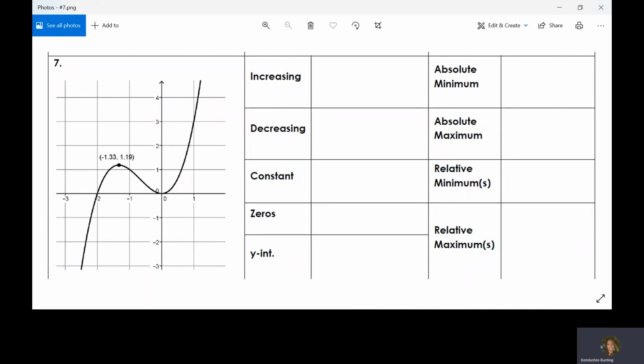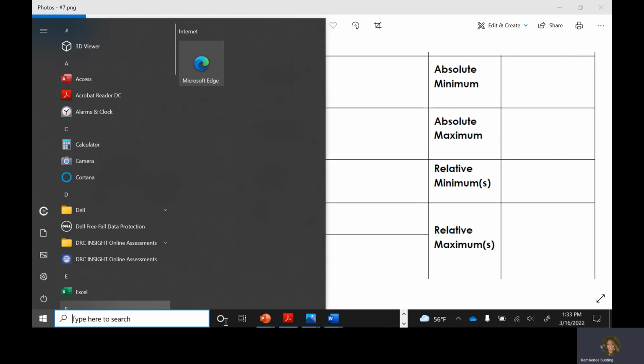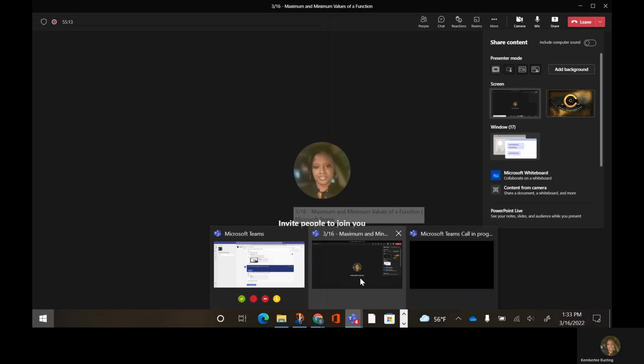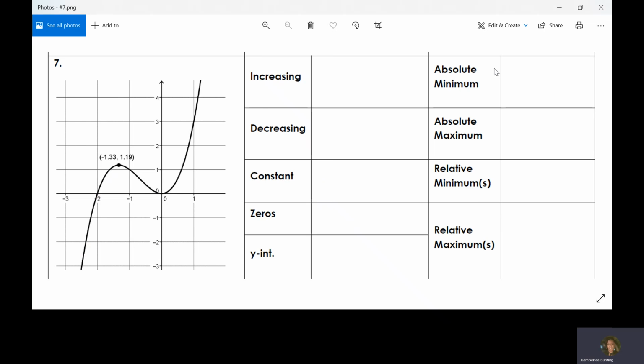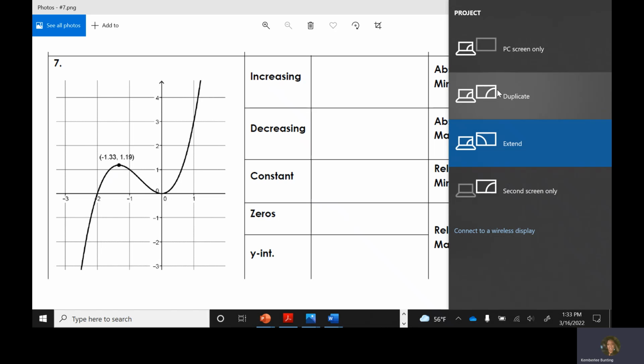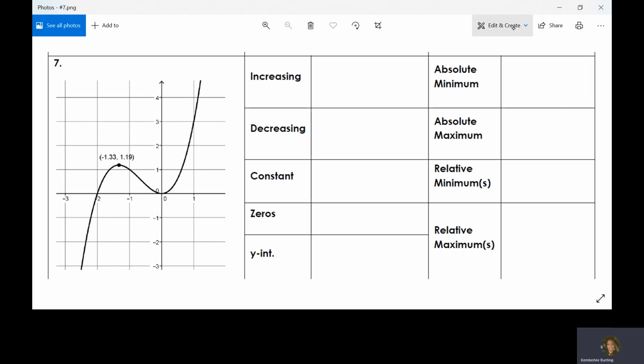All right, folks, let me make sure my microphone is back on. All right, we're cooking. Okay, let me share my screen or project my screen. All right, y'all. So let's talk. On your paper, now that you have a graph in front of your face, right?